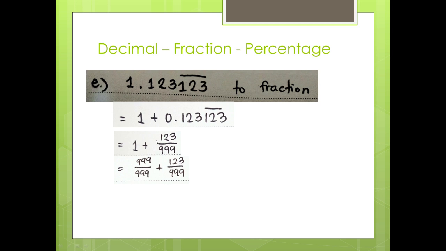Since when adding fractions we need the same denominators, I converted 1 into a fraction of 999 over 999 so that it has the same denominator as 123 over 999. So we have here 999 over 999 plus 123 over 999, which gives us 1122 over 999. Simplified, that is 374 over 333.